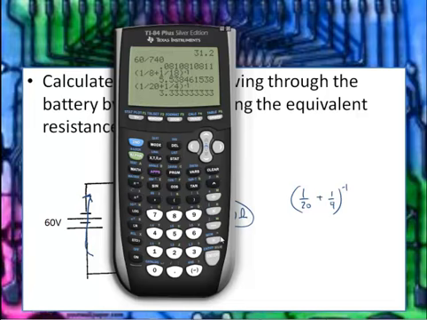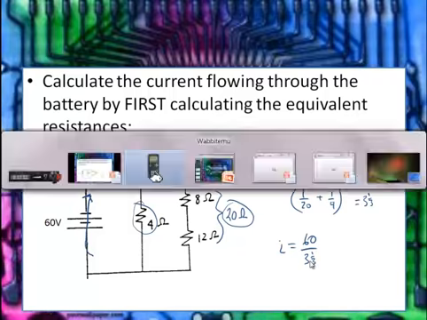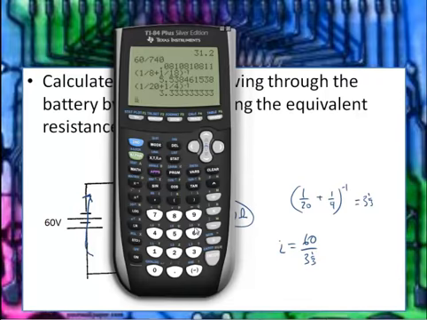They have an overall resistance of 3 1/3. And so the total current that runs through this battery must be equal to 60 divided by 3 1/3. So I'll do 60 divided by answer, and we get a total current of 18 amps.